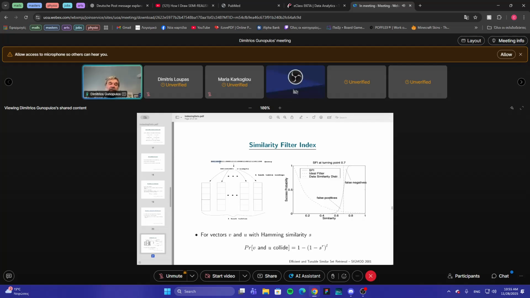The more of these blocks, the more hash tables. The fewer of these blocks, the larger they are, the fewer hash tables. So these are the things that you can play with, and by using the right combination of values, you can try to minimize the number of false positives and the false negatives.